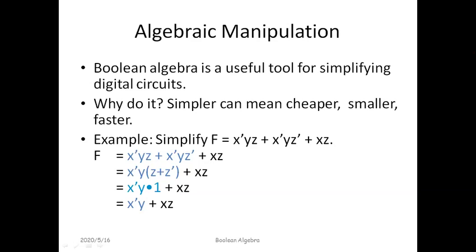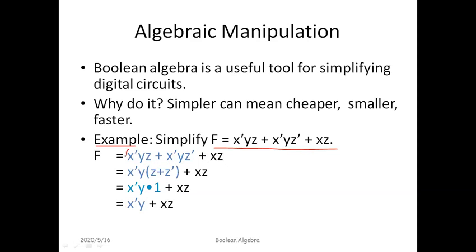Okay, let's look at an example. Here's an example. Simplify the Boolean algebraic expression shown. So we have x prime yz plus x prime yz prime plus xz. Okay, we are asked to simplify. So what do we do? We group these expressions.